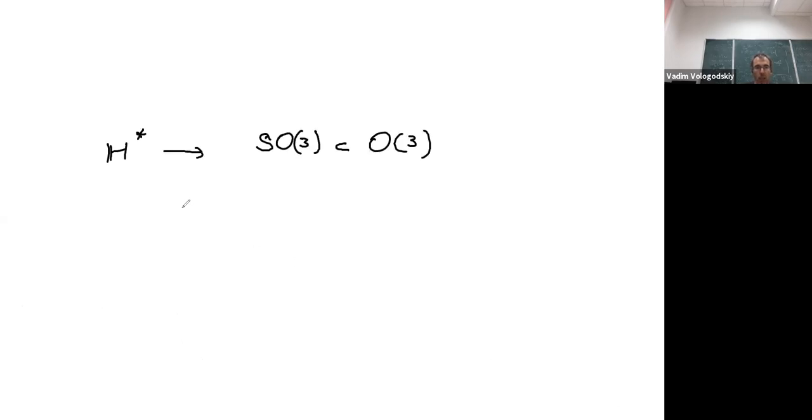So what you get actually is a map from the quotient of this group by R star. So this is a 4-dimensional space minus the origin, and you mod it out by the action of the multiplicative group. So this is precisely RP3. So that at least gives me a map from RP3 to SO(3).